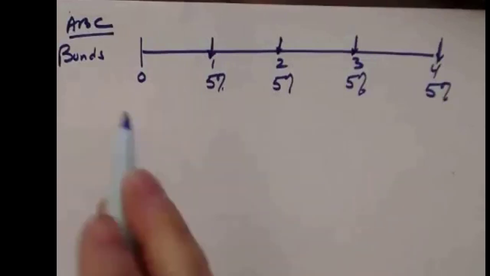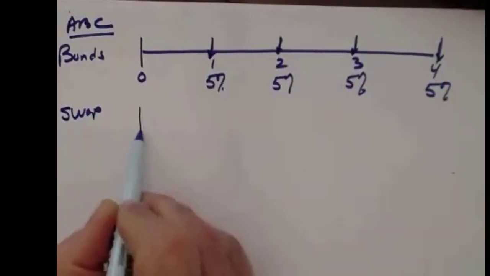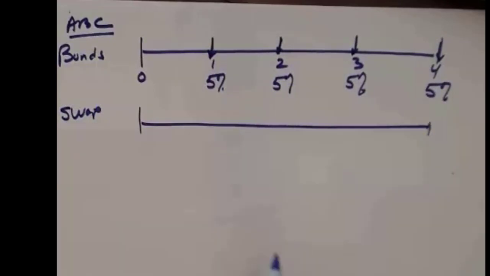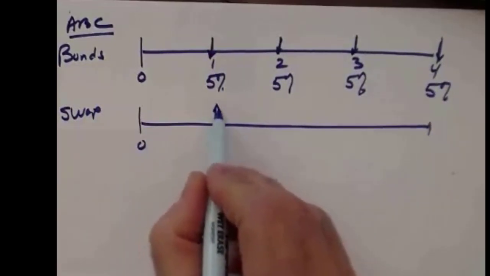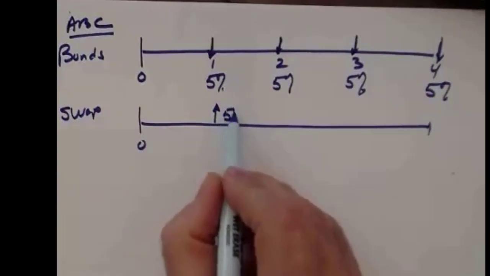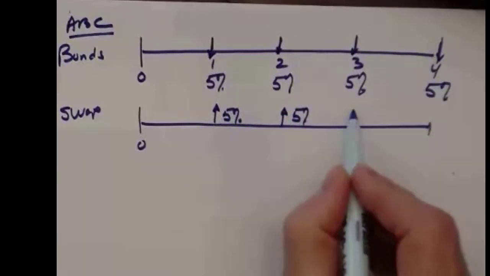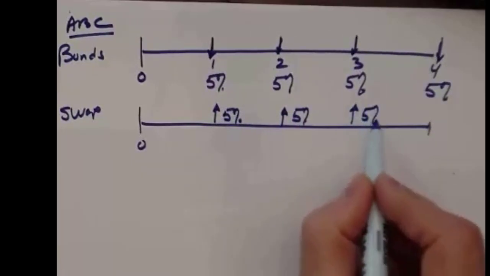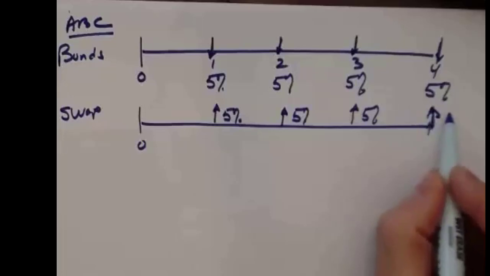Okay? Now, ABC is going to enter a swap. It's going to receive 5% each period. That's the up arrow, is receiving 5%. And you have a tenor of 4 years here.